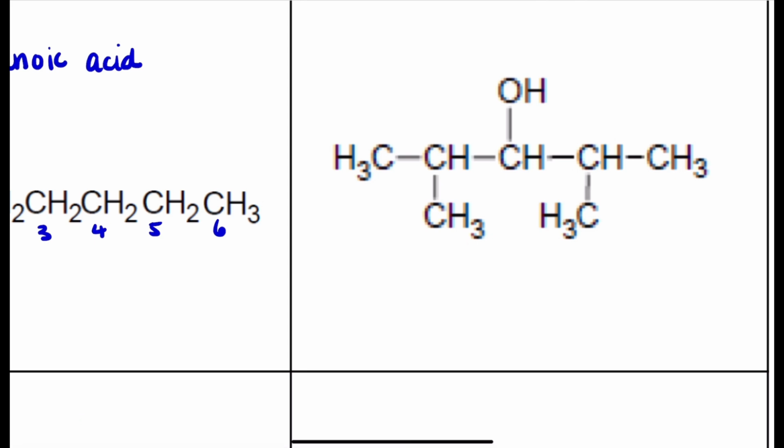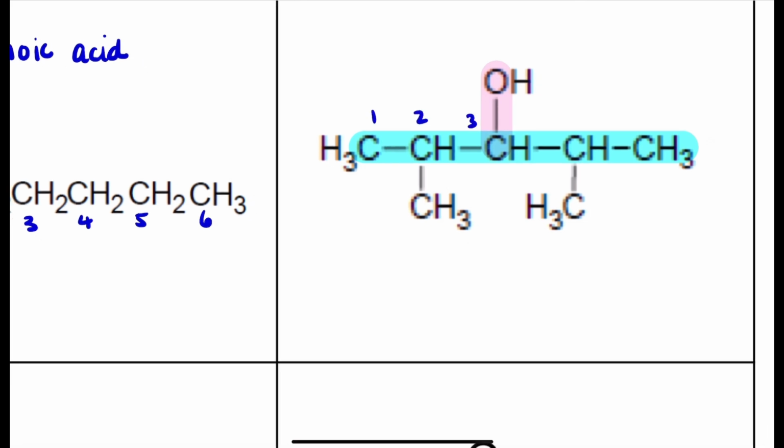Let's see, this one we have an alcohol. So we've got to find our longest chain. 1, 2, 3, 4, 5. If I started here, 1, 2, 3, 4, 5, it'd be the same, and it's still giving the OH group at the third carbon.